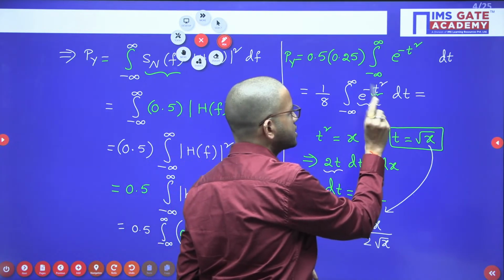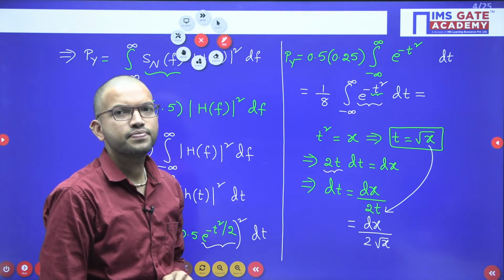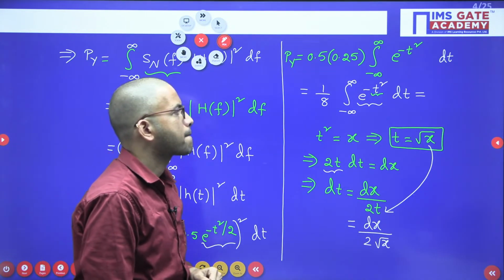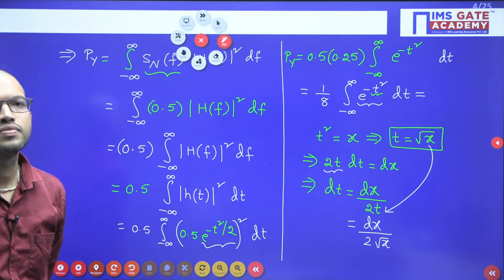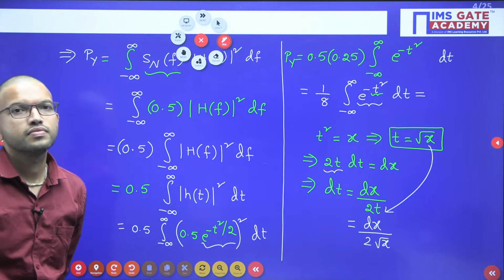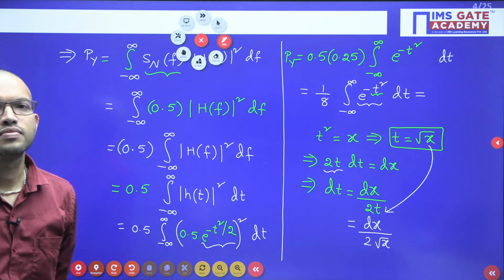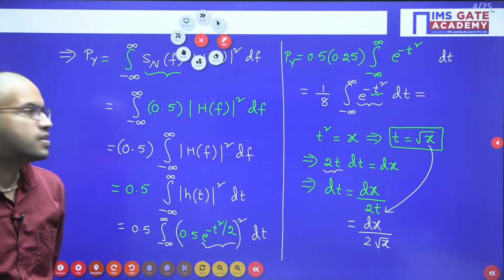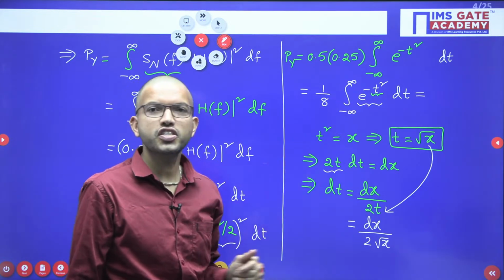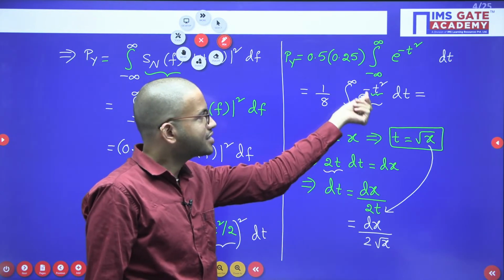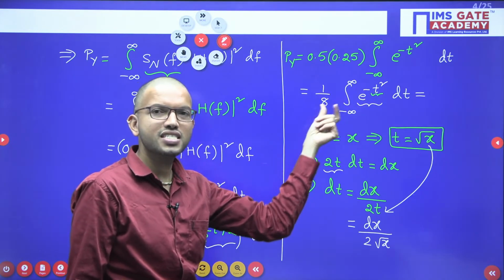E power minus t square, is it an even function or an odd function? See, in place of t, if you are putting minus t, what function are you going to get? Yes, minus t whole square is nothing but t square. That means you are getting the same function, right?